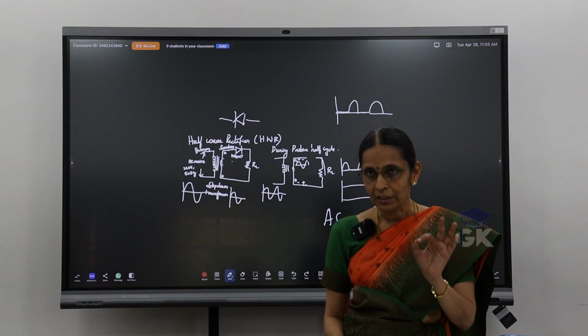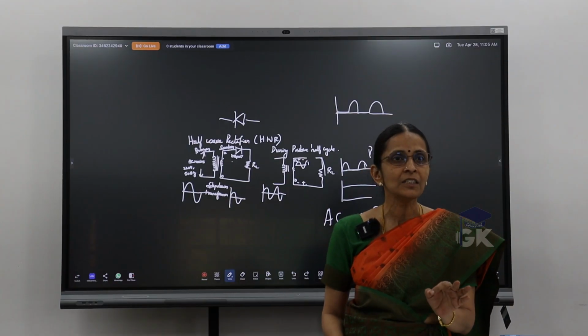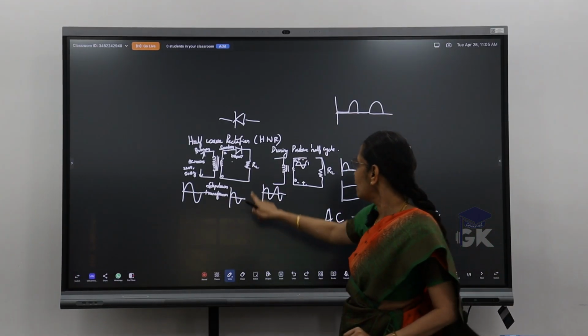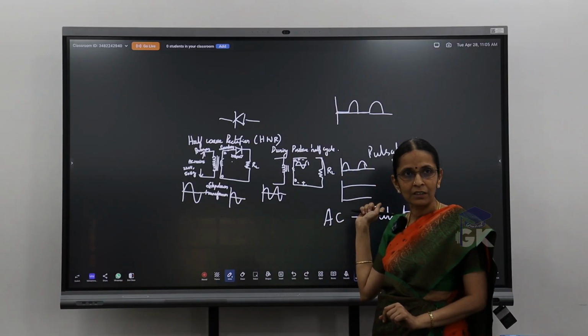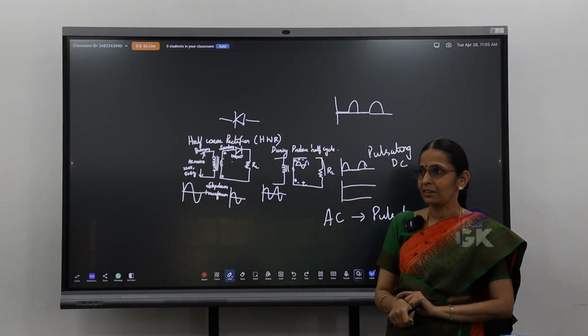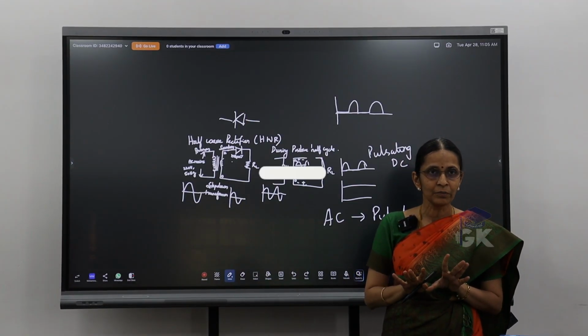No. It rectifies only one half cycle. Positive or negative, it depends upon the connection of my diode. If I connect it in this fashion, it is the positive half cycle. If I connect it in this fashion, it's going to be the negative half cycle. Clear? Is the concept clear for you? Okay.